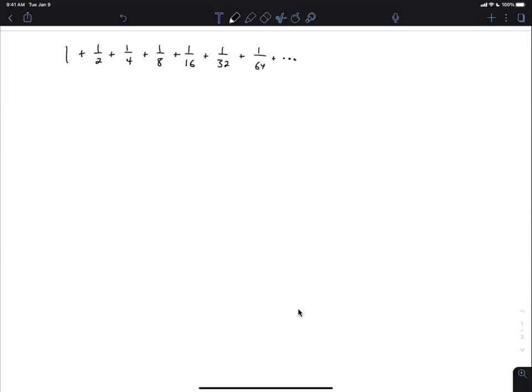Converge to 0. The sequence converges to 0, but the series does not converge to 0. It does converge, but the sequence converges to 0. So the next thing you're adding is 1 over 128 and then 1 over 256. That sequence goes to 0. But this is the series. That series. Does everybody see that?